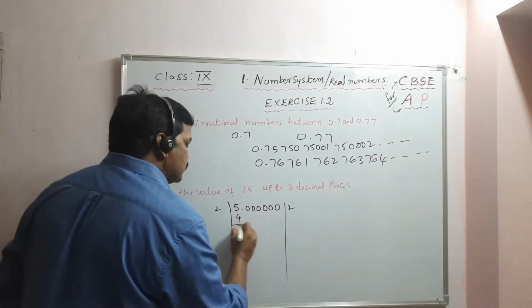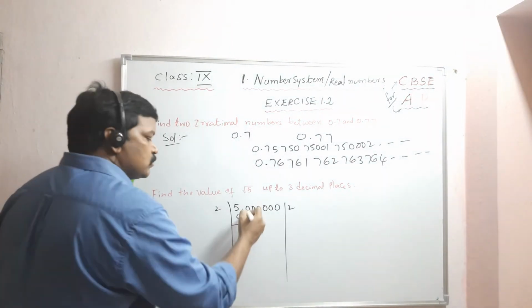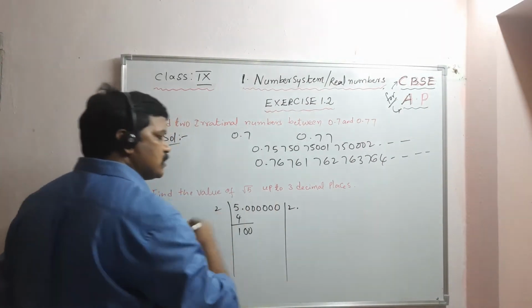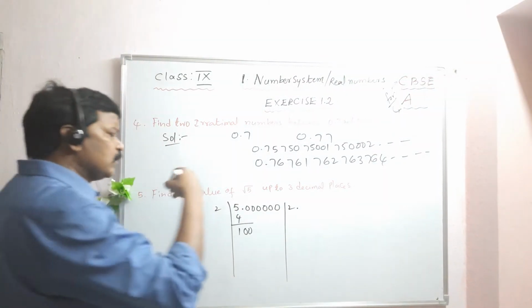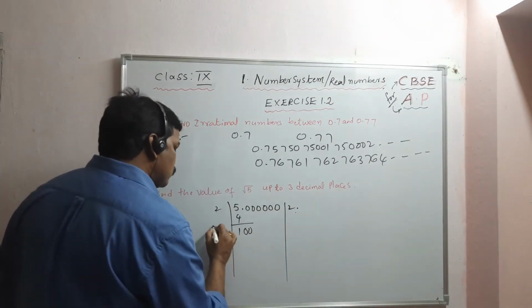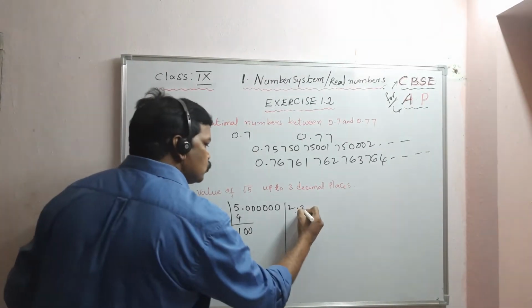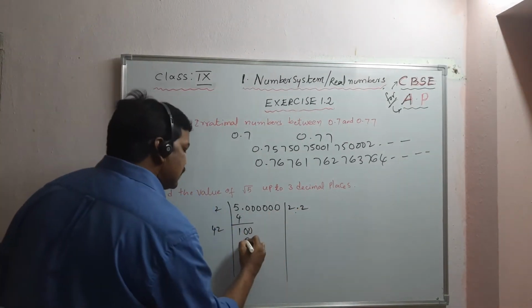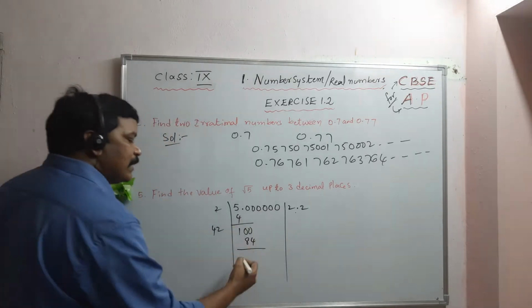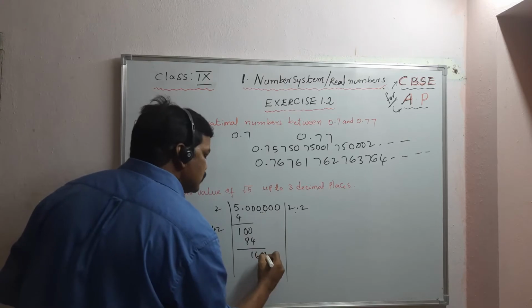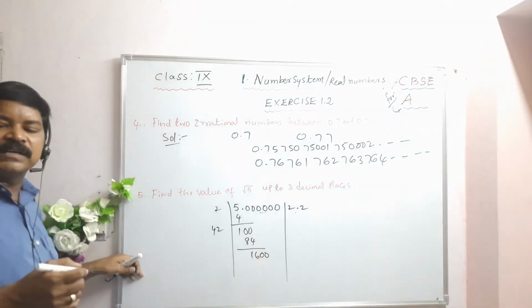Now subtract, 1. Now drop 2 more zeros and put a point here. Now 2 plus 2 is 4. 42 times 2 is 84. Now subtract, 16, and write 2 more zeros. These 2 zeros you write here. 1600.